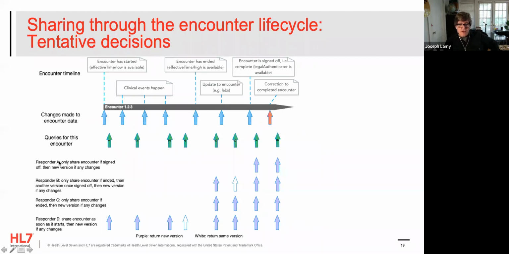And so we created 4 hypothetical responders, and we said, are these all valid? And so the purple arrows refer to you returning a document, an encounter summary, and the white arrows mean that you're returning the same document. So you're saying, here's the same document again. You're not generating a new one. So each time you see a dark purple arrow, it means you've generated a new version of the document. So hopefully that is clear how to read this.